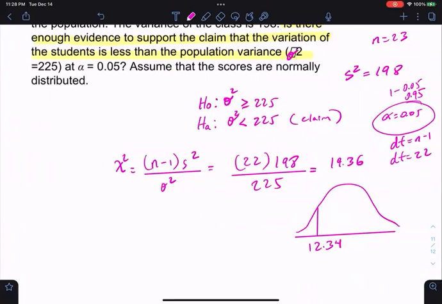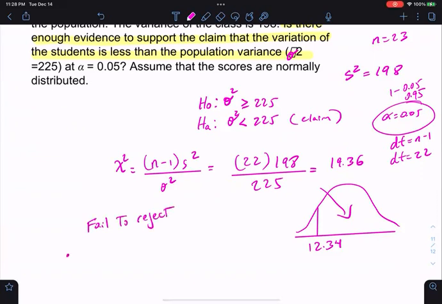So 19 should be in the non-rejection region, because 12.34 is to the left. So we fail to reject.